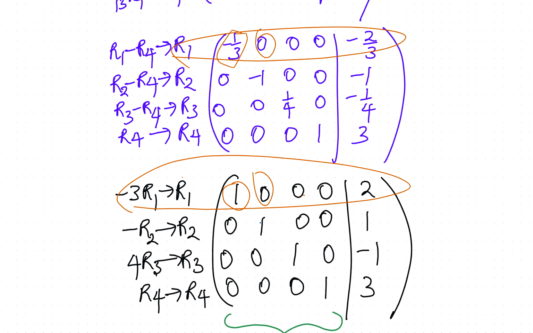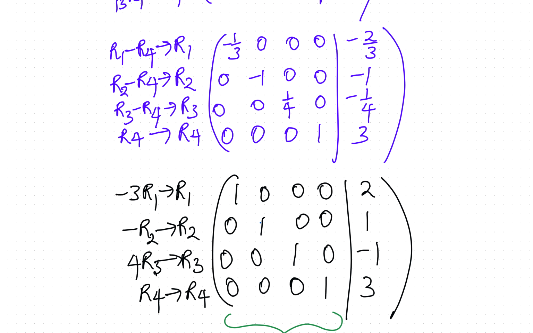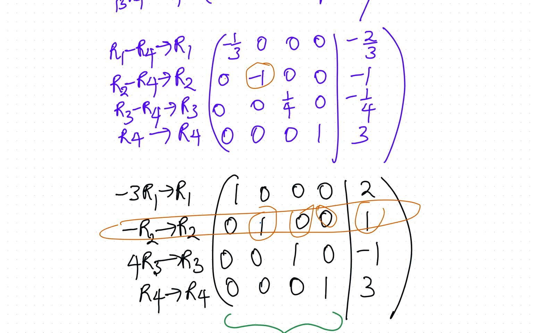And then for the second row, this is negative, so you just multiply through by minus 1. The new row 2 is going to be the old row 2 multiplied by minus 1. So you have 0, 0, 1, 0, minus 1. For row 3, it is 1 over 4, and we just need this to be 1. The multiplicative inverse of 1 over 4 is 4 over 1.